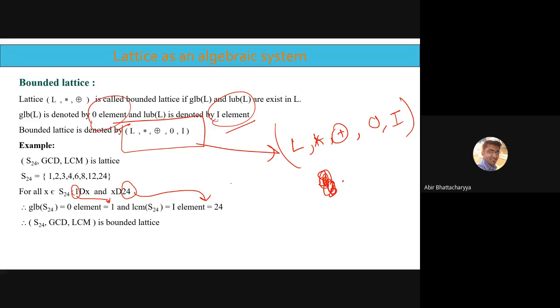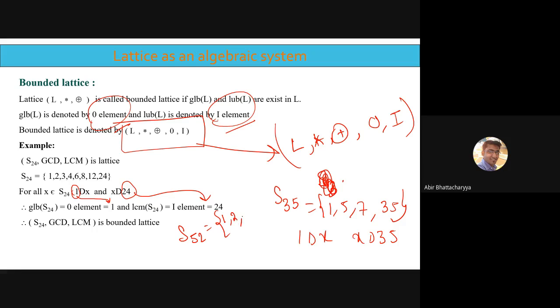For example, let's take S35. S35 has how many elements? 1, 5, 7, 35. So you can easily write 1 divides x divides 35, always holds true for any x. Let's take another example, S52. What is S52? 1, 2, 4, 13, 26, 52.